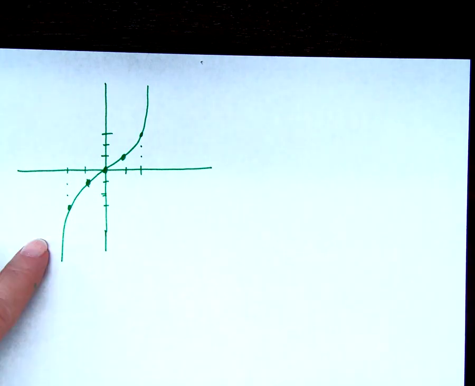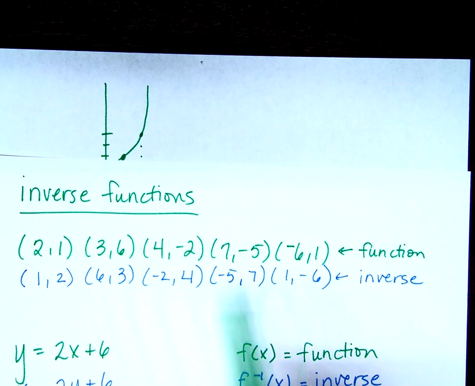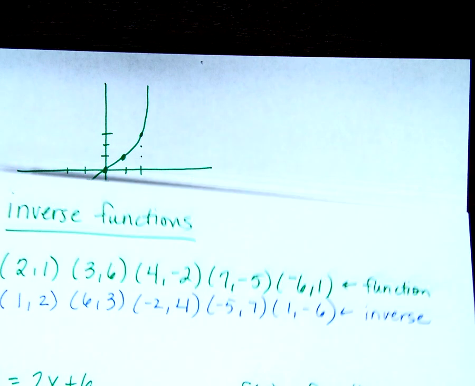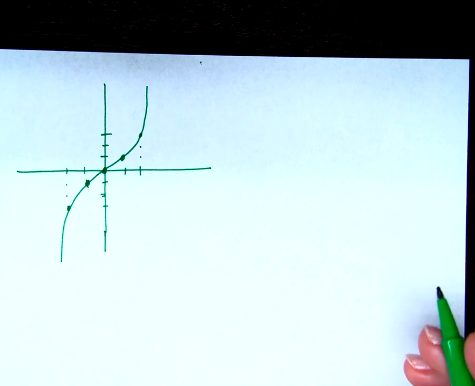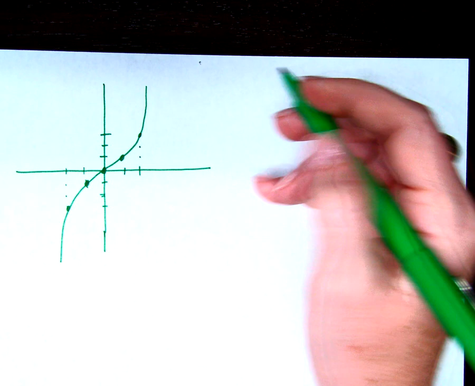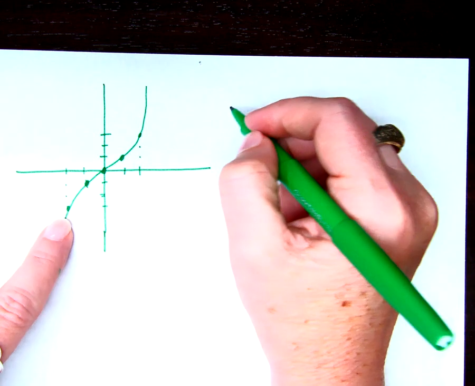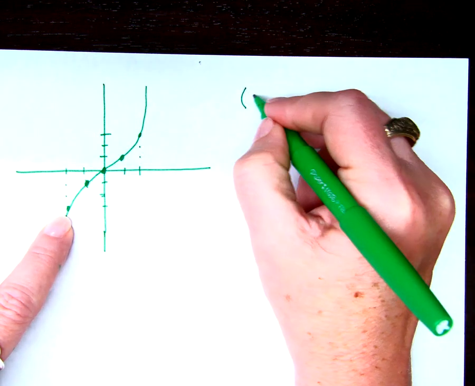Is this problem really any different from this problem? It's a list of ordered pairs, isn't it? It's just a list of ordered pairs. If it's a list of ordered pairs, I could just list my ordered pairs, right?